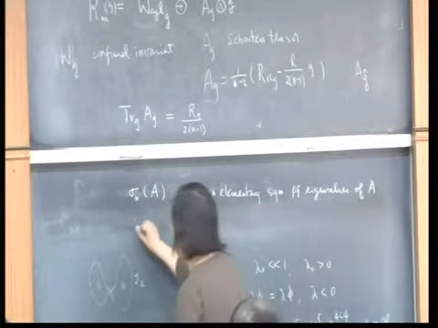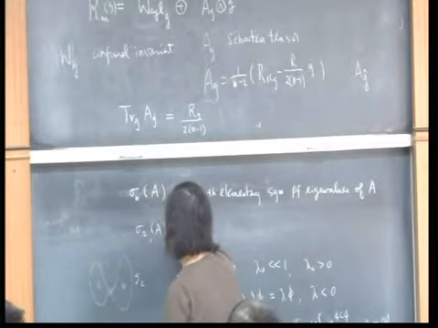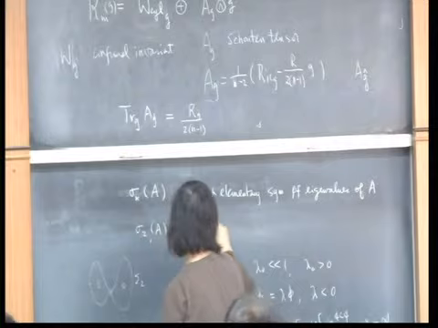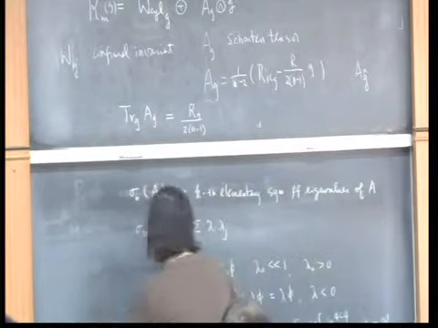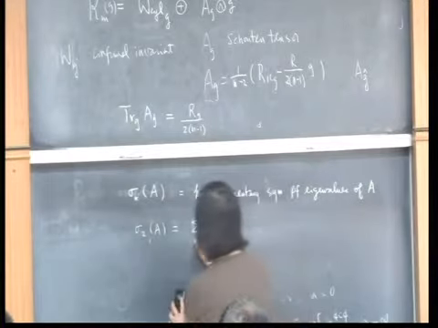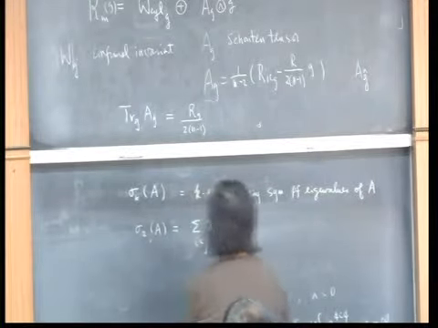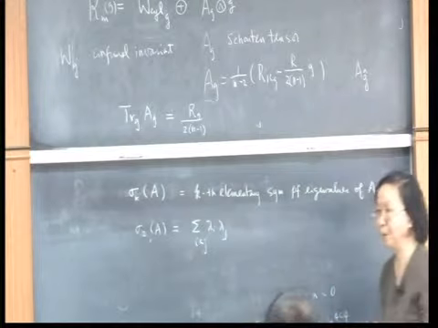So what is sigma 2 of A? Sigma 2 of A is the sum of lambda i lambda j, with i less than j. So by definition, it's equal to this.